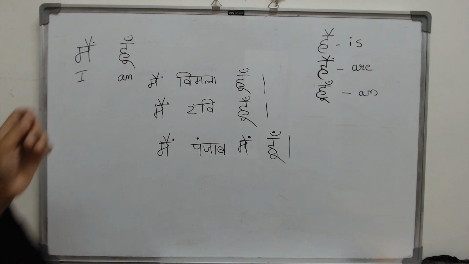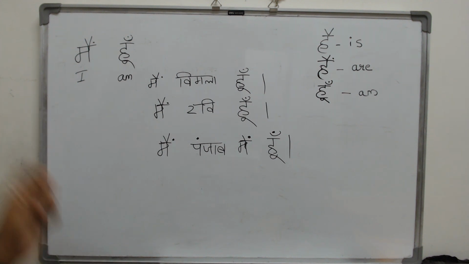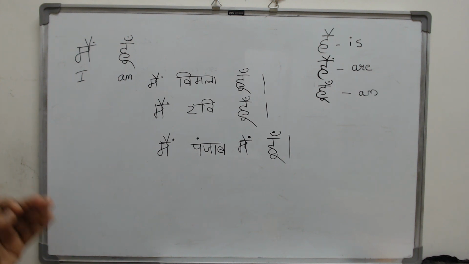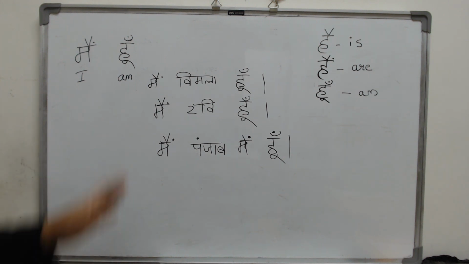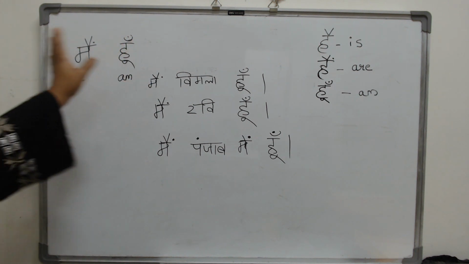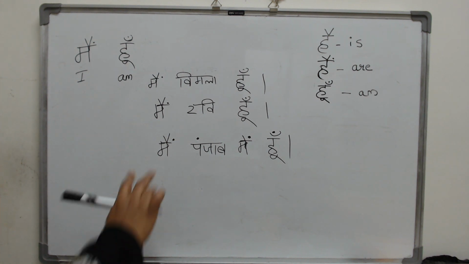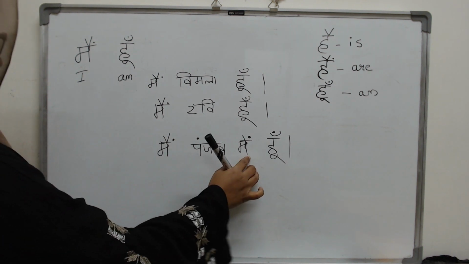From these two examples, what do you notice? You notice that this construction does not depend on the changes in gender. For male and female, the construction of the sentence remains same. And the third one is main Punjab mein hoon. There is a mistake which I often notice that students make. They mix up this main and mein.